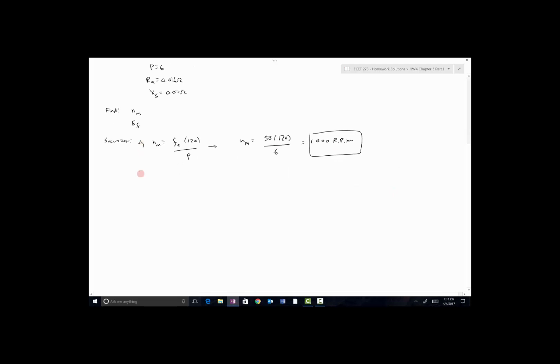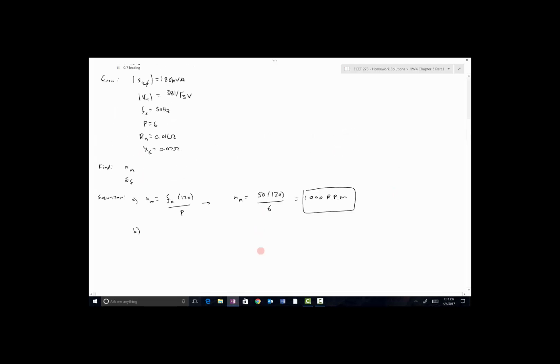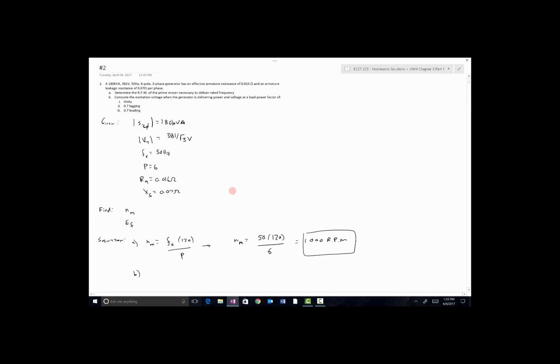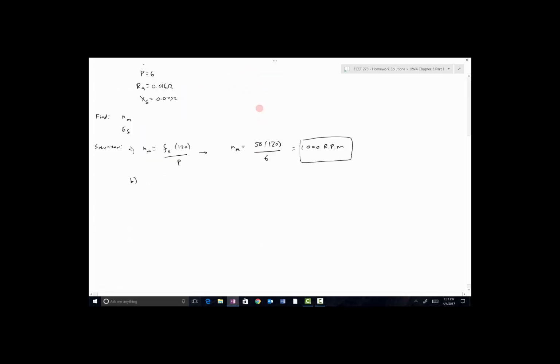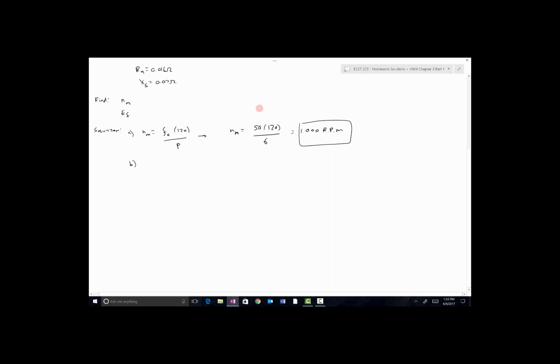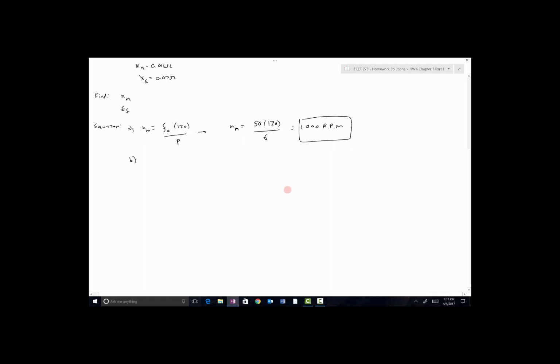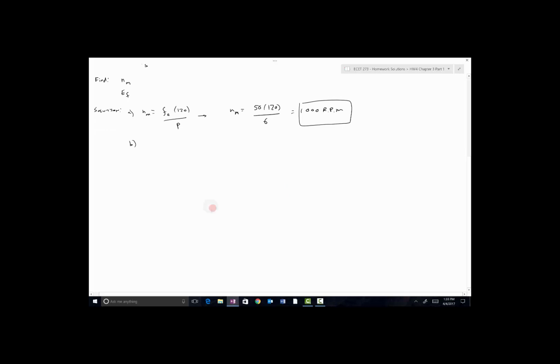So that's part A. Part B is determine the excitation voltage for rated power and voltage at a load power factor of unity, 0.7 lagging, 0.7 leading. So to do that, what we want to look at is how the different loads change the phasor diagram for the loaded generator. So I'm going to start just by drawing the circuit model for the generator.